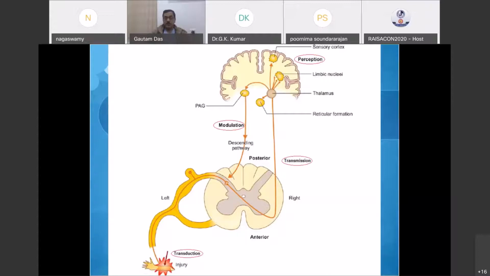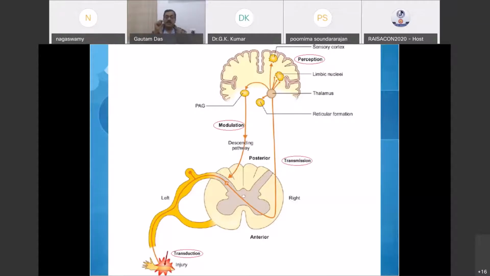So here we have to remember a few neurotransmitters. Number one, here the periaqueductal gray matter, when signals come here, the two important neurotransmitters are released. These are serotonin and norepinephrine. I told you one important question: how do antidepressants work in pain? So this is the answer.